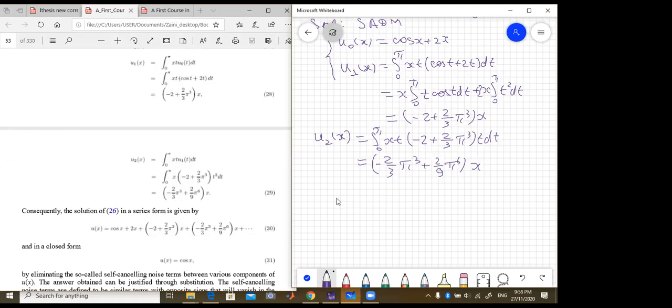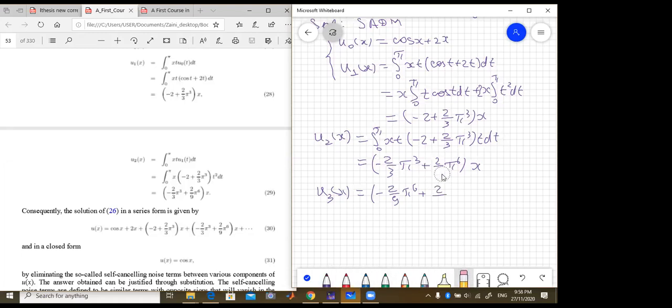Next one will be, let me write down one more term. Okay, so I just write the negative of this term, pi to the power 6, plus, so now actually better here, one more.